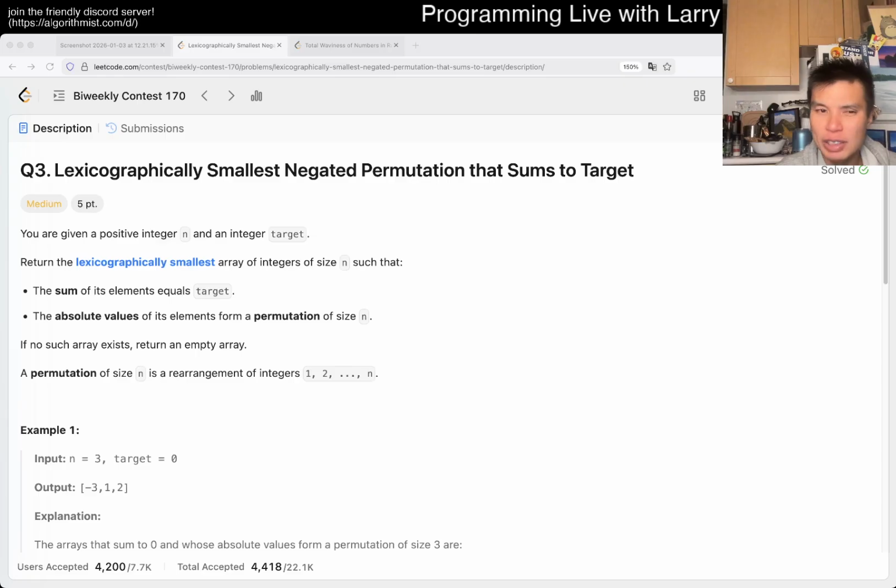Then we can choose a subset of them to be negative instead. When you make one negative, the delta is 2 times that number. If you convert a plus 1 to a minus 1, that's a minus 2. If you convert the plus 4 to minus 4, that's a negative 8. That's the delta.